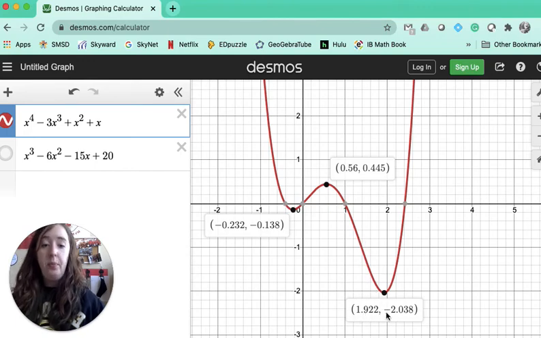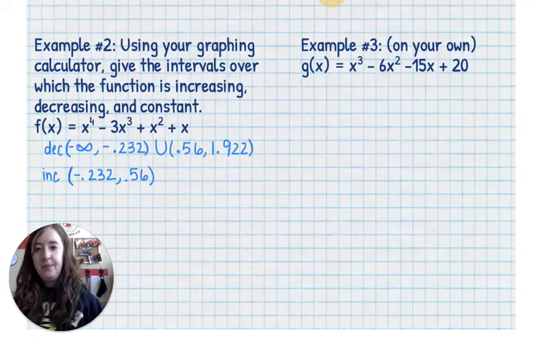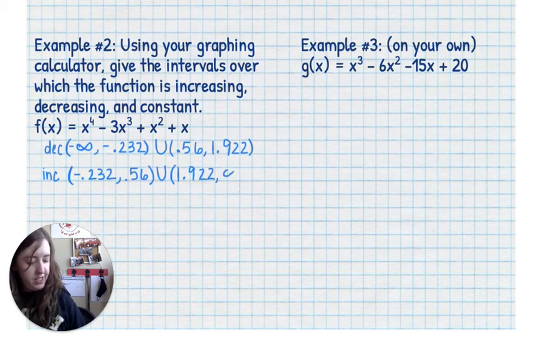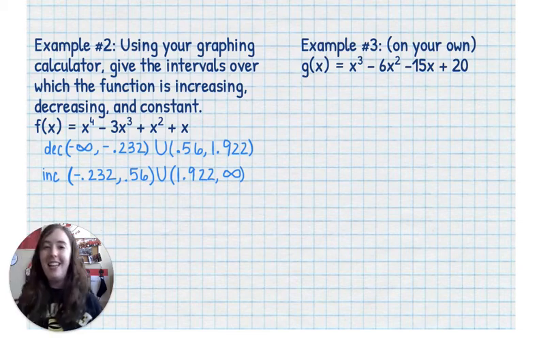Then after 1.922, we're going up again, so we're increasing. So I'll have to put a little union on here. We start increasing again at 1.922, and I increase for the rest of the graph, so that's until infinity.